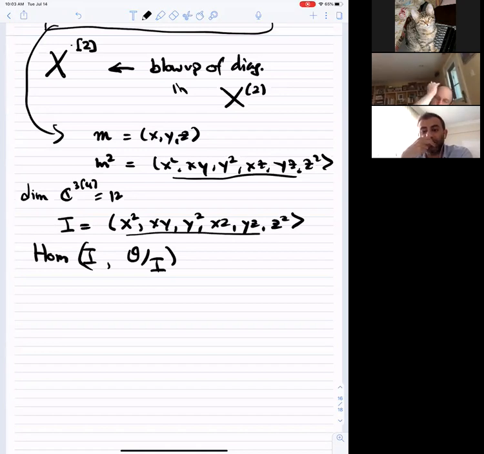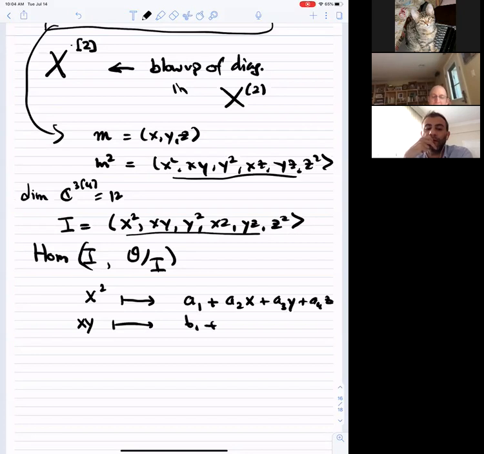What does that mean? I need to tell you where x squared goes, to a1 plus a2x plus a3y plus a4z. Then xy has to go to b1 plus b2x and so on, and z squared has to go similarly.